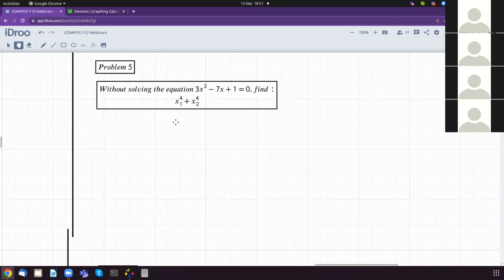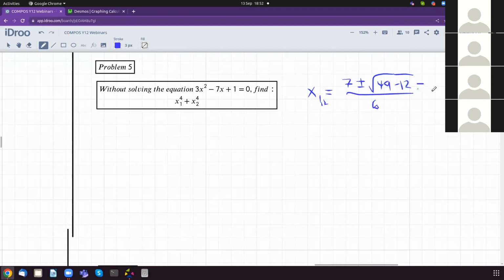And when I say without solving the equation, I kind of mean it, because if you try to solve it, x1 is going to be 7 plus or minus the square root of b squared, so 49, minus 4ac, so minus 12, divided by 2a, which is 6.